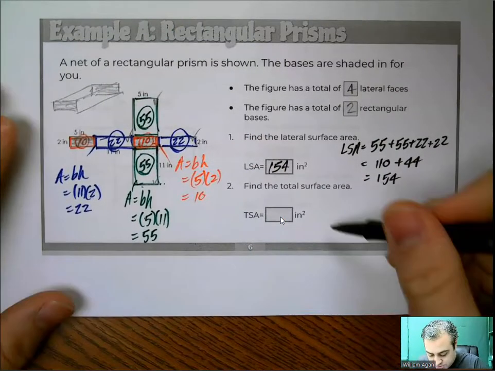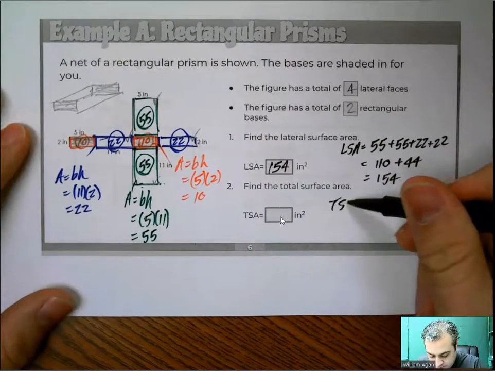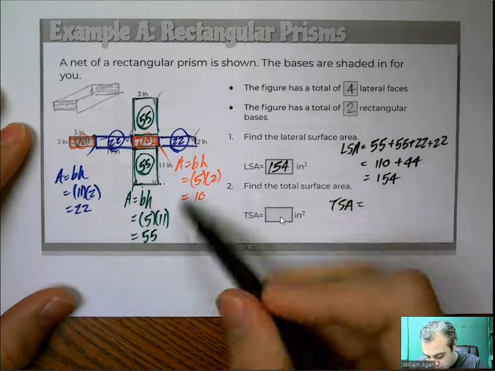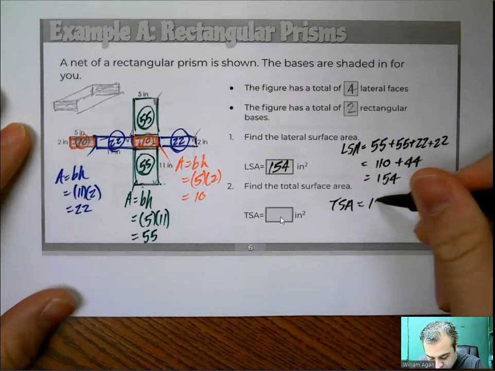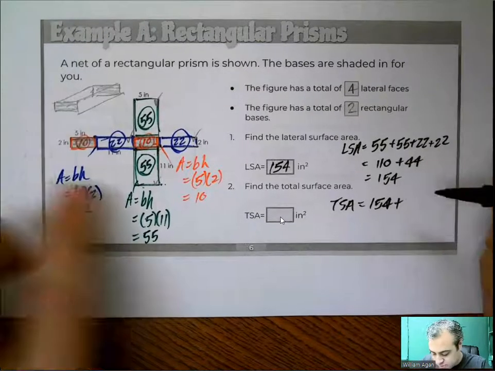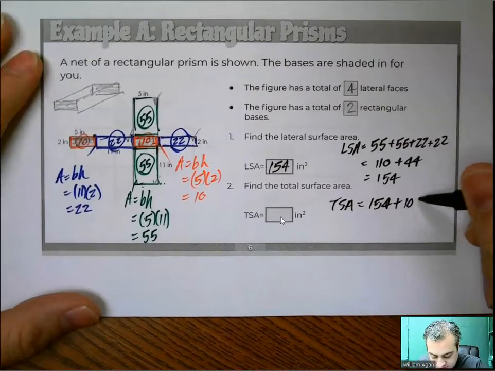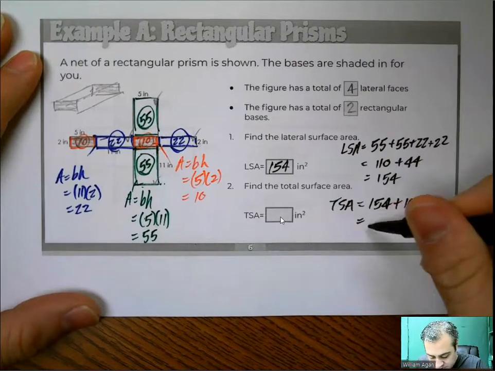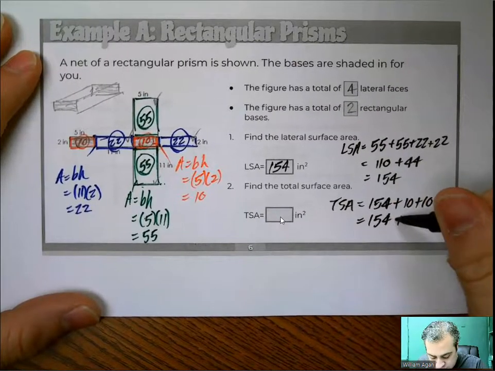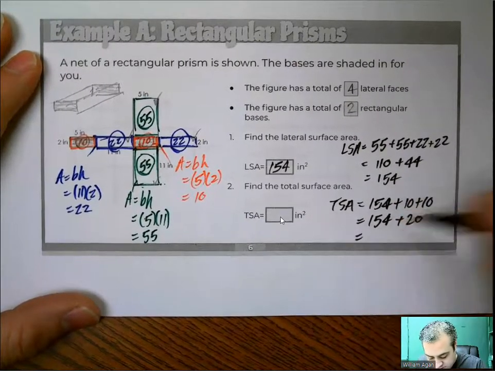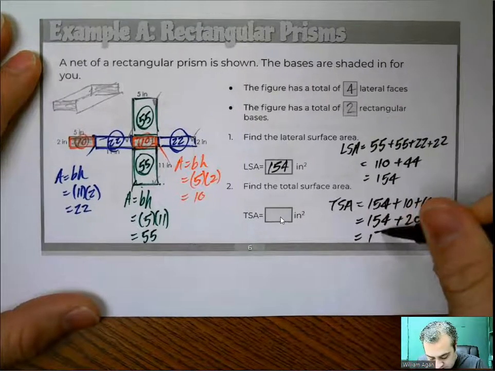Okay, so the total surface area is just going to equal what we already got, so that 154, plus the two new ones. So that's plus 10 plus 10. Well, that's 154 plus 20, which is 174.